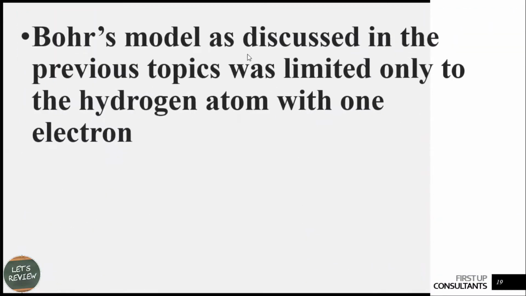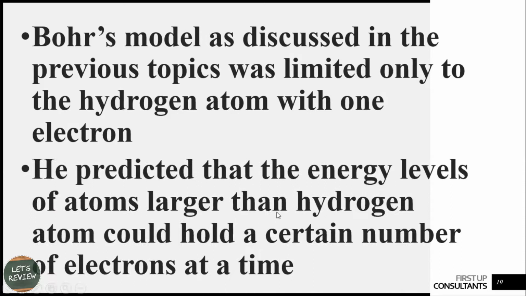So Bohr's model, as discussed in the previous topics, was limited only to the hydrogen atom with one electron. He predicted that the energy levels of atoms larger than hydrogen could hold a certain number of electrons at a time.